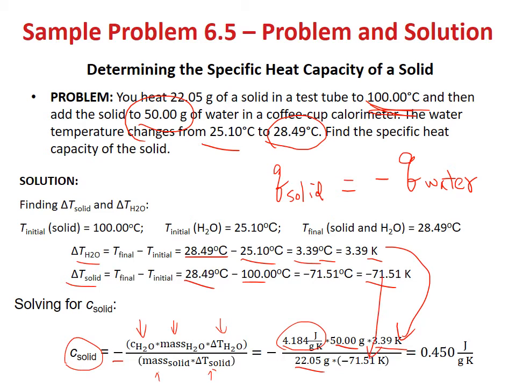That gives you 0.45 joule per gram per Kelvin. Note that you have a negative sign here and also a negative sign here, and that gives you a positive heat capacity. If you calculate heat capacity to be a negative number, then there must be something wrong.